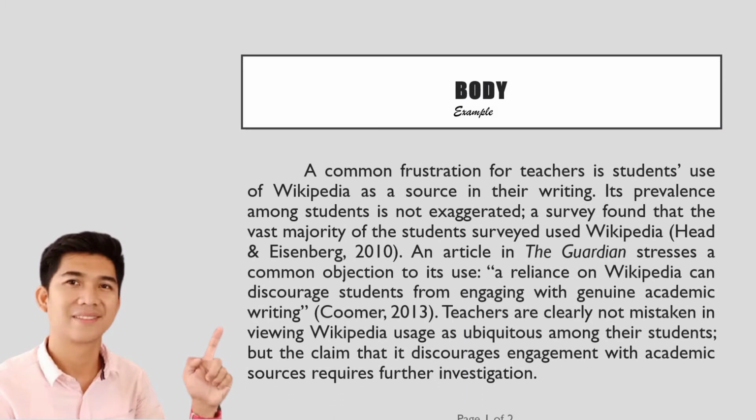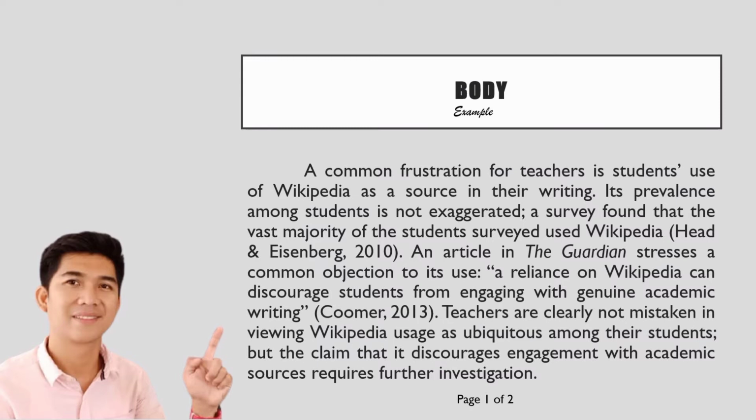A common frustration for teachers is students' use of Wikipedia as a source in their writing. Its prevalence among students is not exaggerated. A survey found that the vast majority of the students surveyed used Wikipedia (Head and Eisenberg, 2010). An article in The Guardian stresses a common objection to its use.